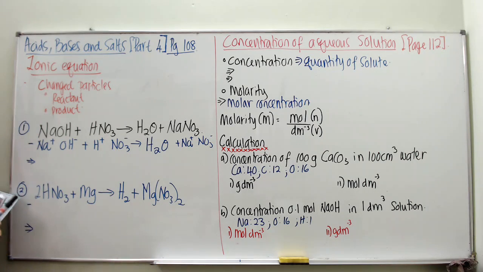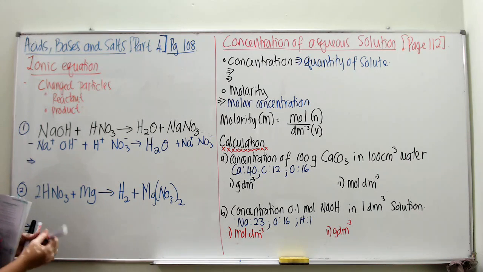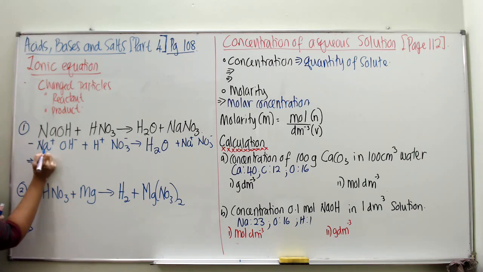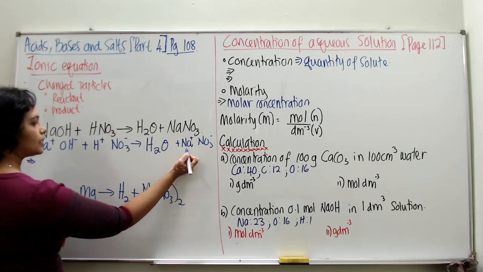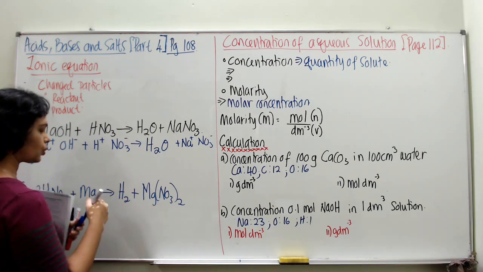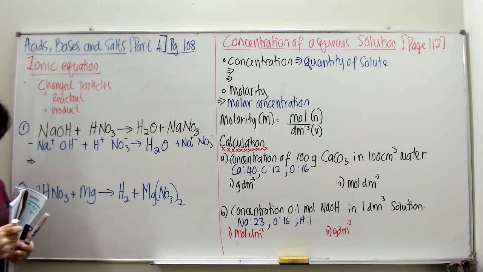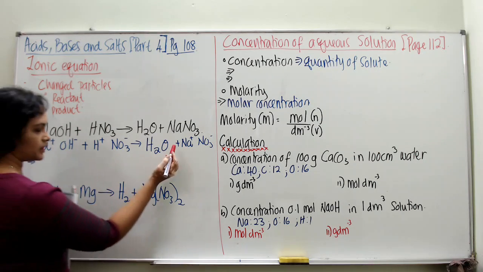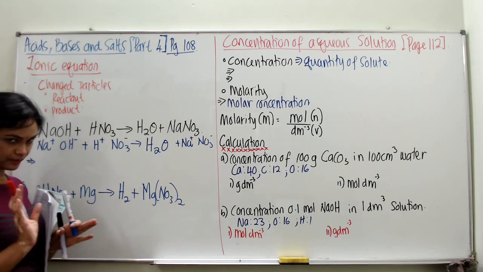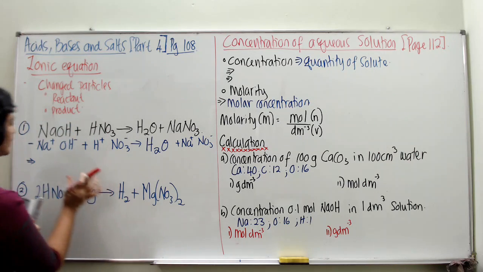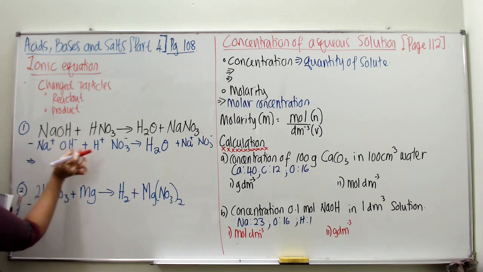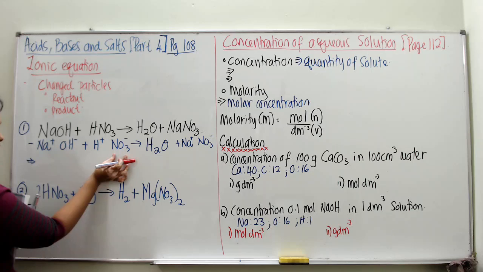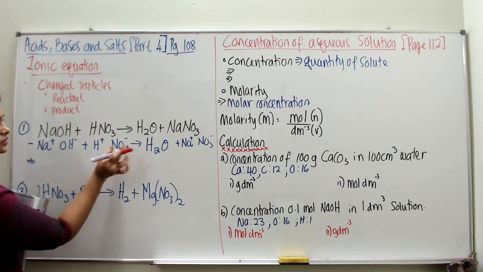Now what you can see is, when you look at sodium ion here, before and after, sodium ion is the same. Meaning, maybe you can say it does not change the oxidation number. But it's okay, don't worry about oxidation number yet. Even though sodium has reacted or combined with nitrate, it is still in the form of ion.